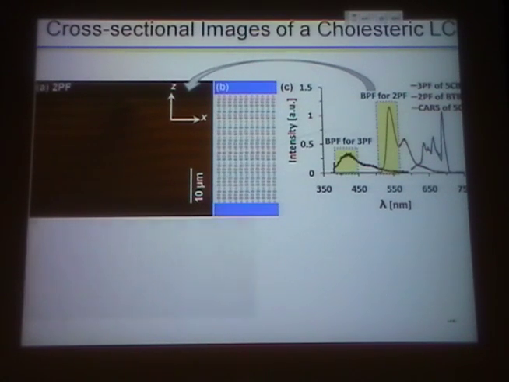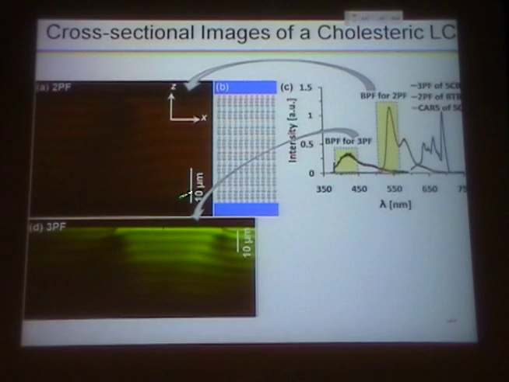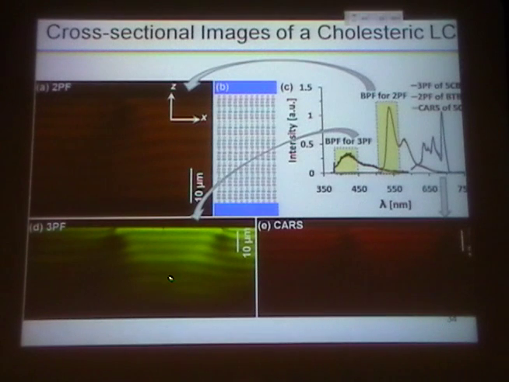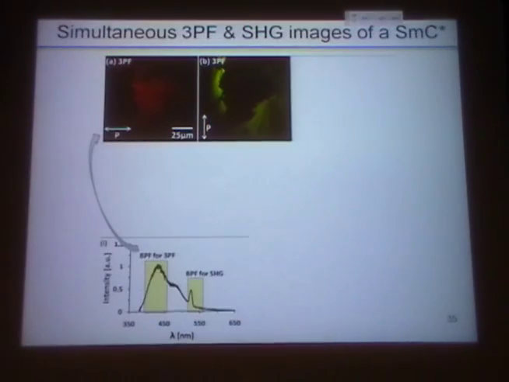But we can also obtain this information in the very same way from the molecules of the liquid crystal themselves, if we simply detect three-photon fluorescence signal in this spectral region here.